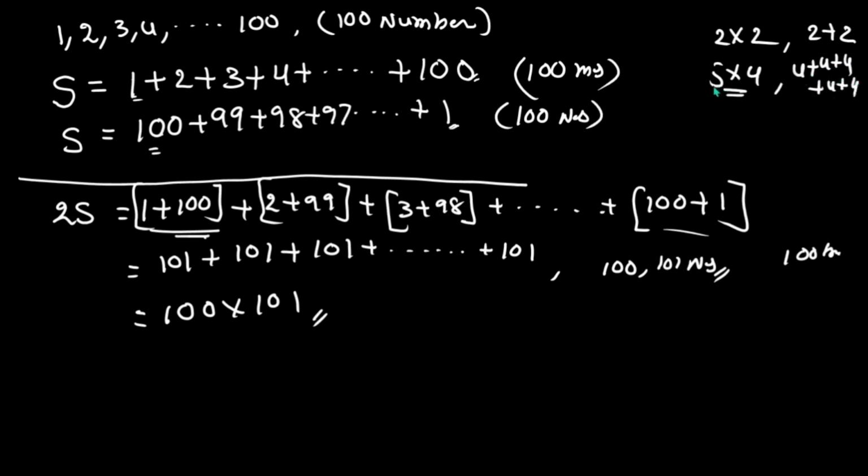So what are five 4s? It is 20. You see, 4 plus 4 plus 4 plus 4 plus 4 will get 20.